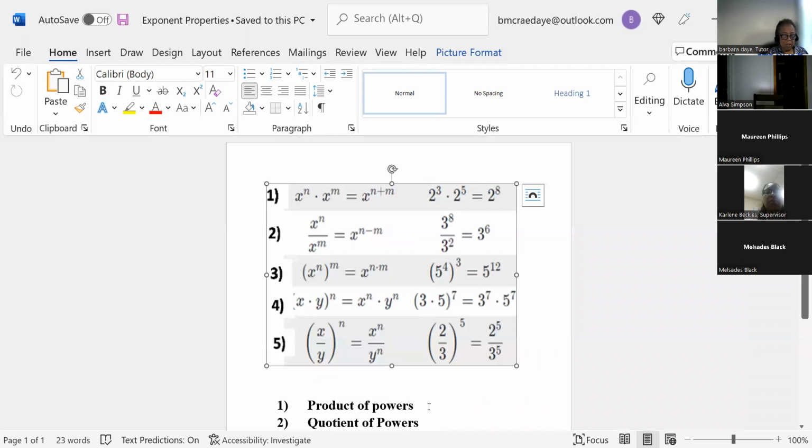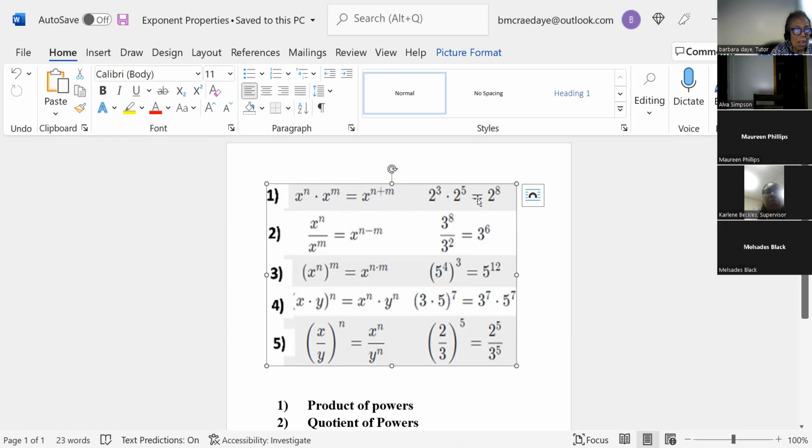Product is the result of multiplication. This is a multiplication, so add the exponents. Put some numbers here: 2 to the third times 2 to the fifth, 3 plus 5, 2 to the 8th. Now remember, they must have the same base. X is the base here, 2 is the base here.